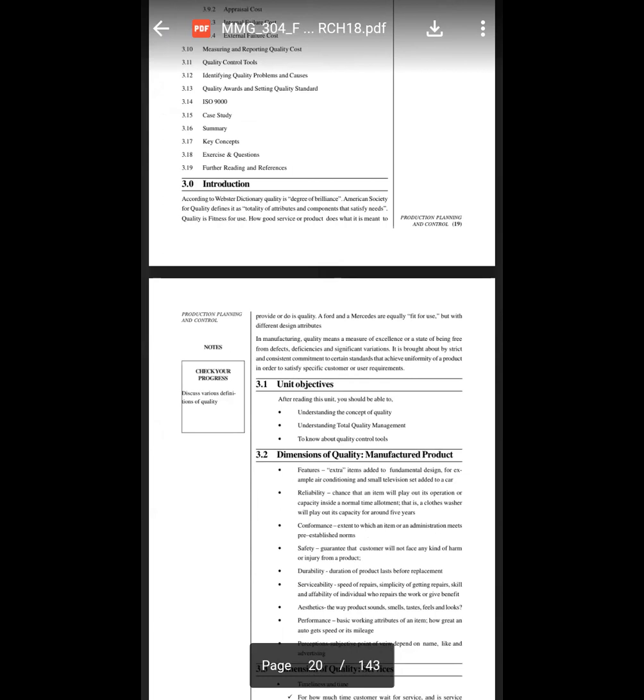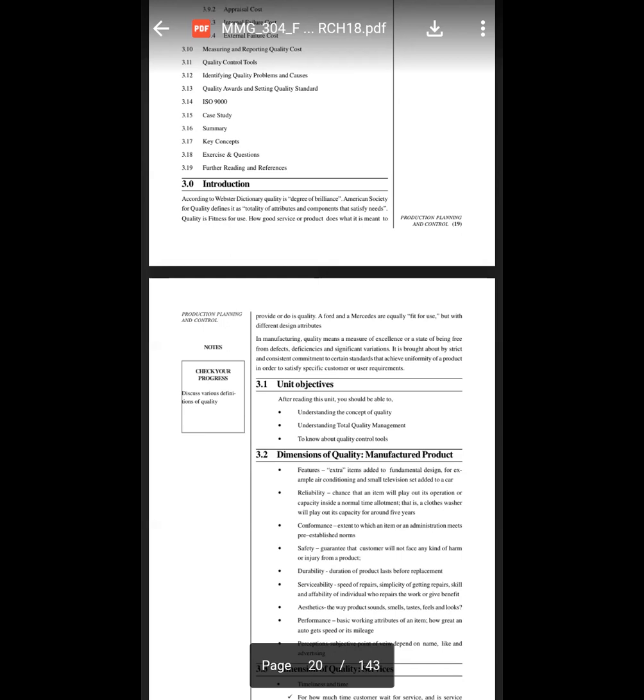Quality plays an important role in each and every factor to improve the product line. Suppose you have a manufacturing unit and your quality is very good. Sometimes customers are ready to purchase your product by looking at the quality.